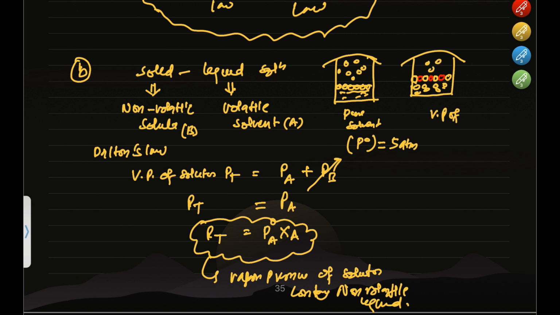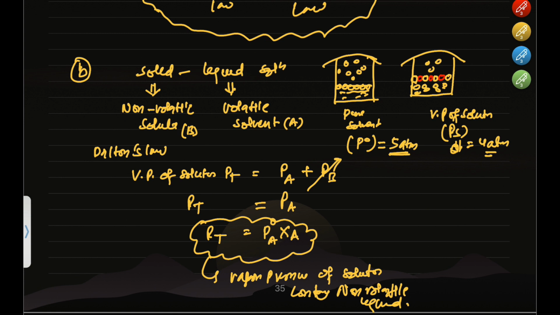Vapor pressure of the solution, P solution, is equal to 4. Pure solvent is 5 atm and solution is 4 atm. There is a reduction in the vapor pressure of the solution due to occupancy of the non-volatile solute at the surface of the solution, where fewer solvent molecules occupy the surface of the liquid.